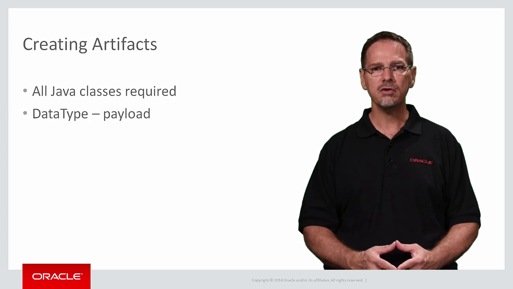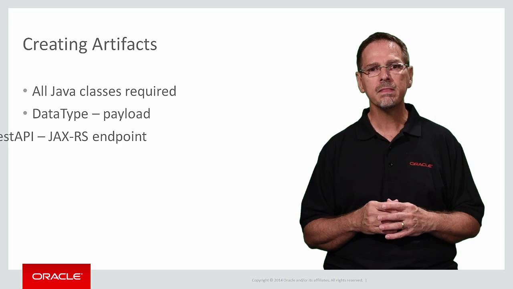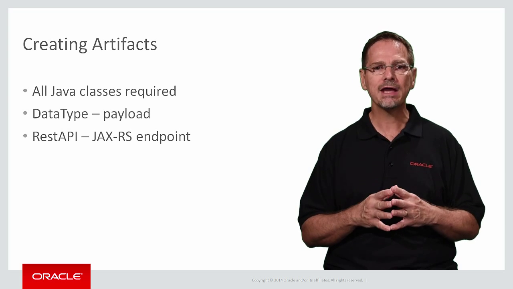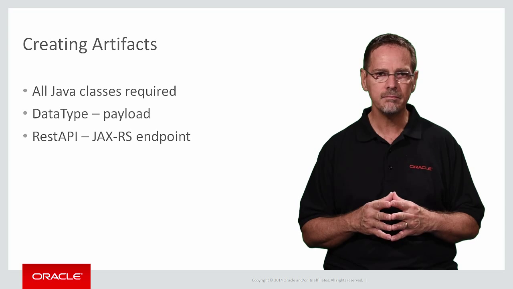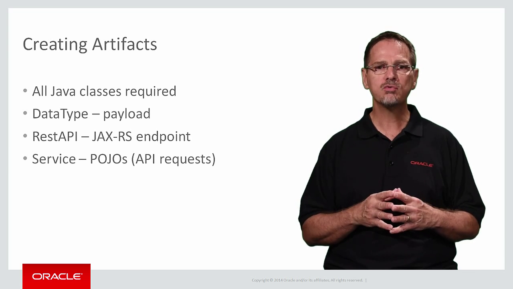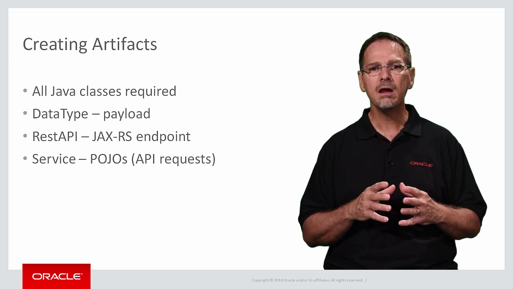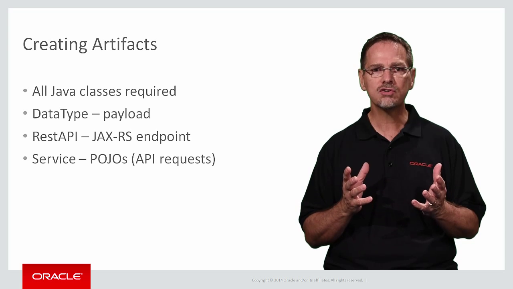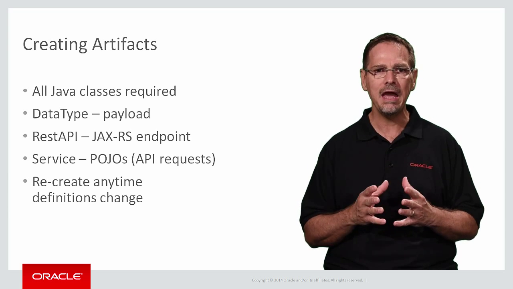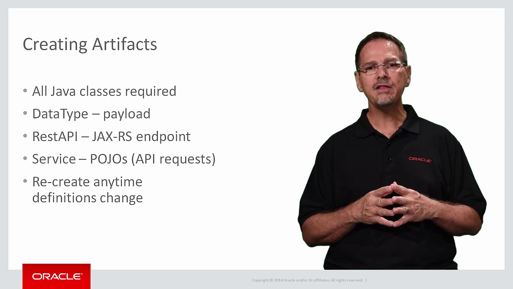The classes include data type classes, which represent the payload, REST API classes, which represent the modeled JAX-RS specified endpoint, and service classes, which are the POJOs, which represent all of the REST API requests. All of these are classes created for you and can be recreated anytime the API definitions change. So let's create the artifacts.